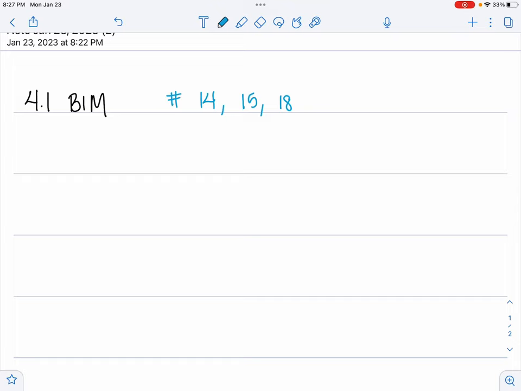But if you didn't, make sure that you watch this and write this down so that you know what to do moving forward. So number 14 was a little bizarre because the points were 0, 5, and negative 1.5, 1.